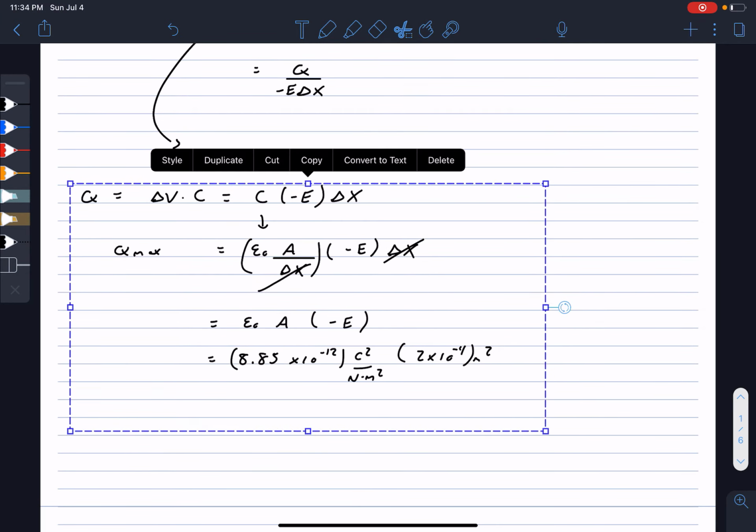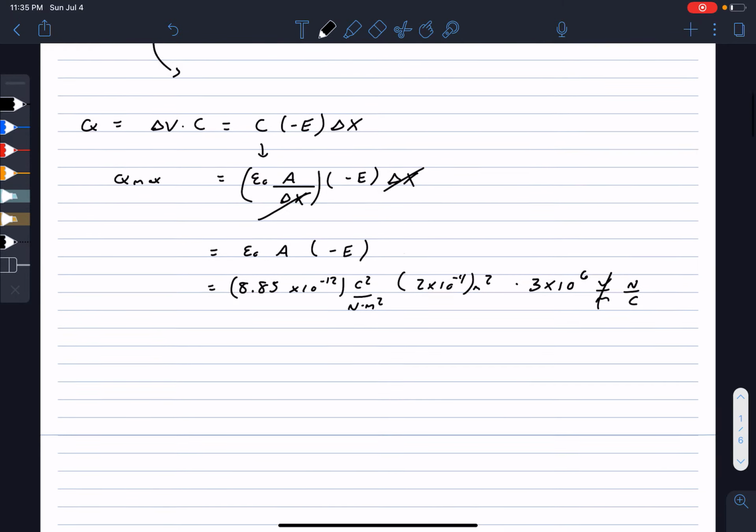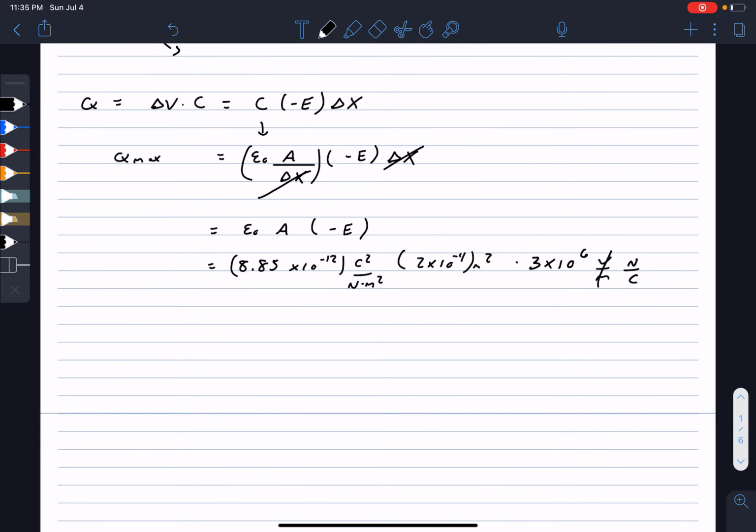Let's move this over here because I'm running out of room. Okay, so now we have times 3 times 10 to the 6. It was volts per meter, and that's actually the same as newtons per coulomb, which is going to be a more useful unit. It's the same thing. You can look it up. It works out. Okay, so now we plug all this in, and we end up with a value of about 5.31 nanocoulombs. That's Q max.